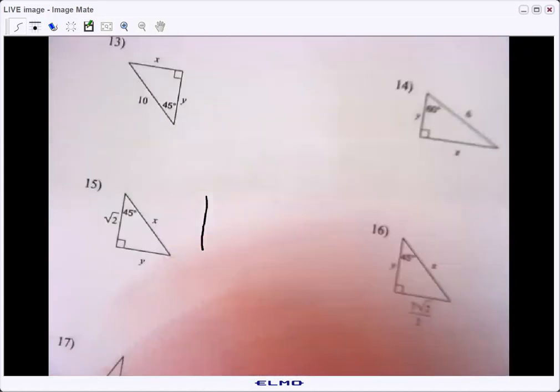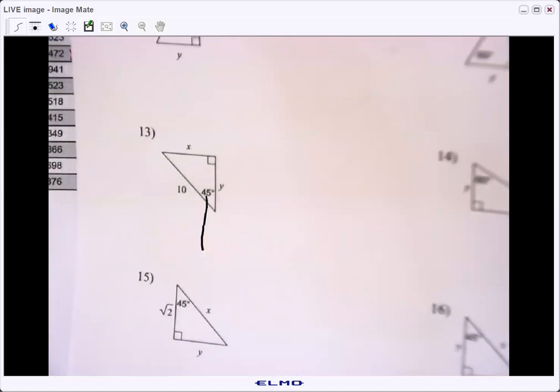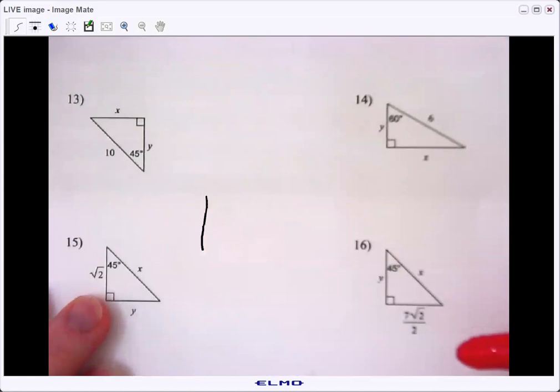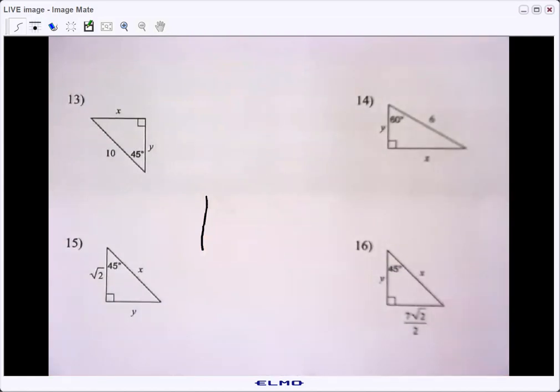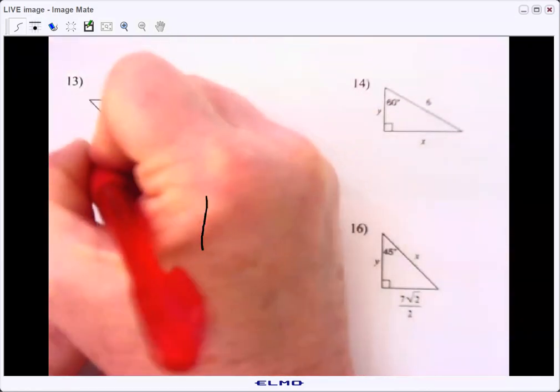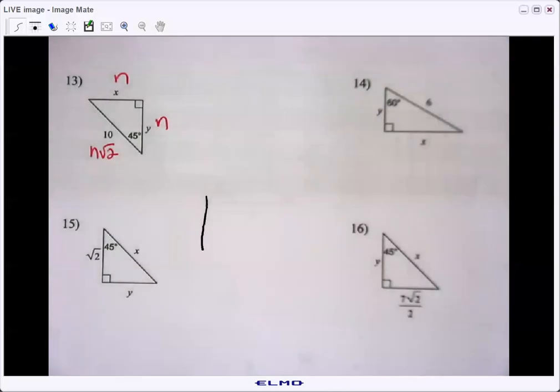Okay, turning the page over. Okay, jump to number 13. So we have n, and n root 2. So give people a chance to catch up.